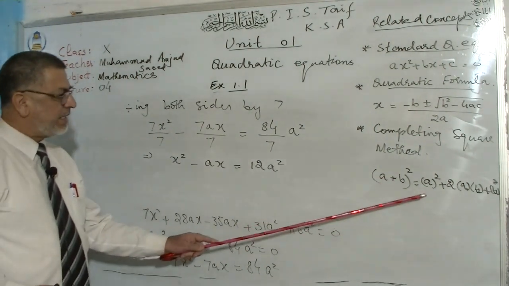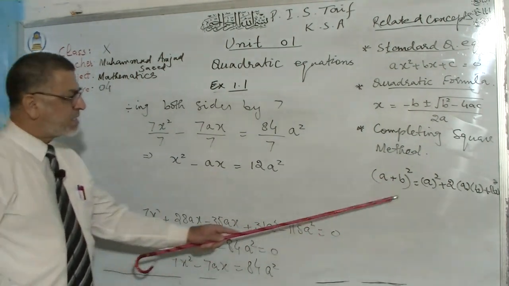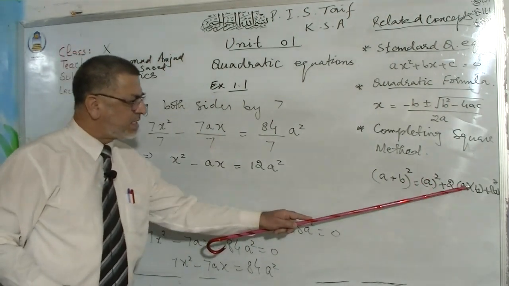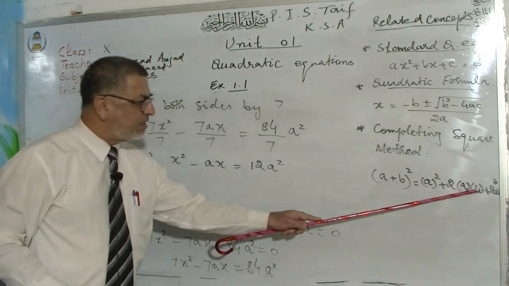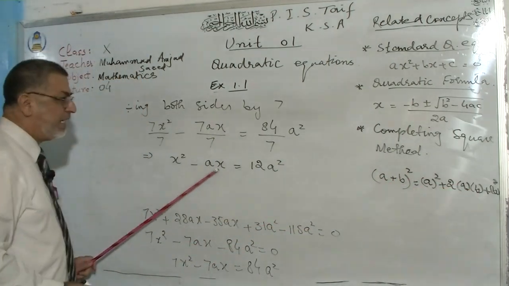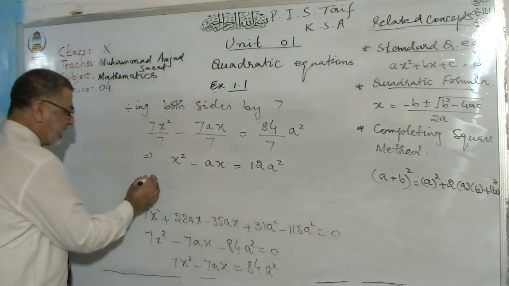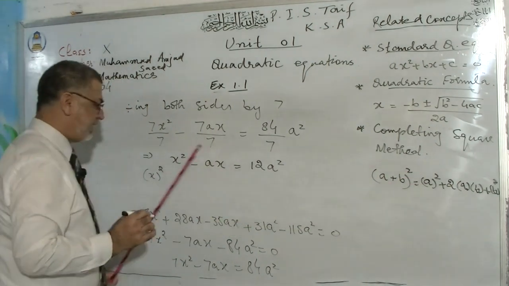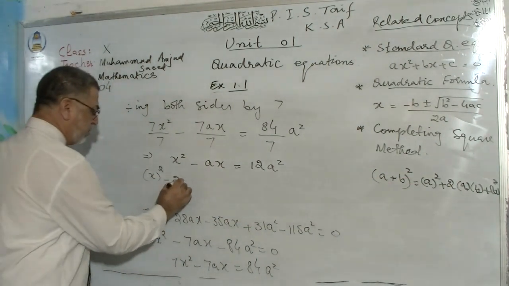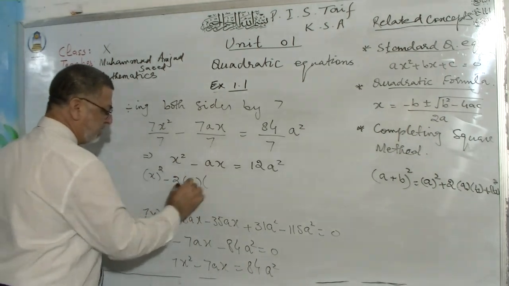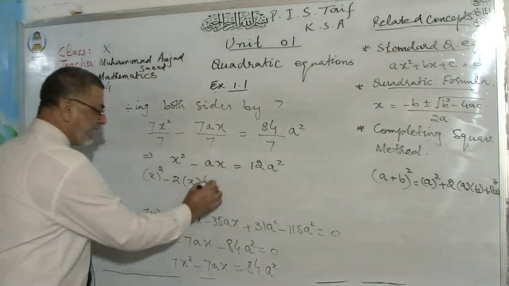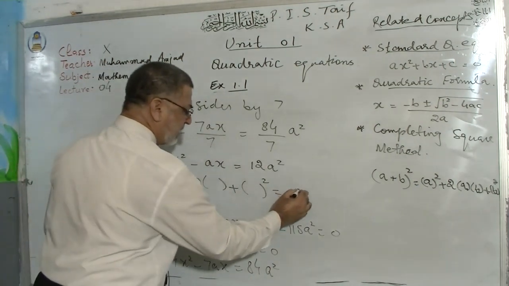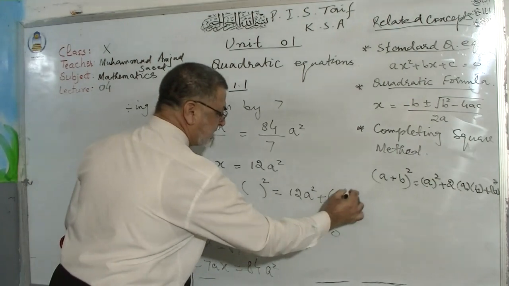For the right hand side, you can see first term whole square plus 2 into first into second term. This second term is missing here because x whole square is the first square. Here it is minus 2 into first into second and plus second square is equal to 12a square plus second square.